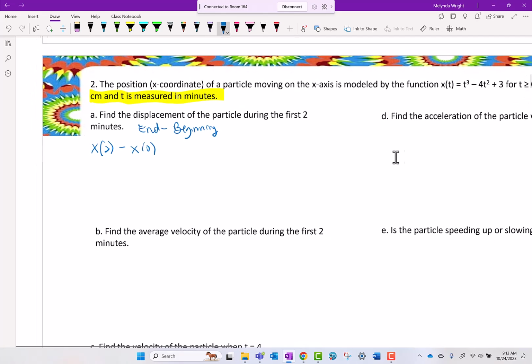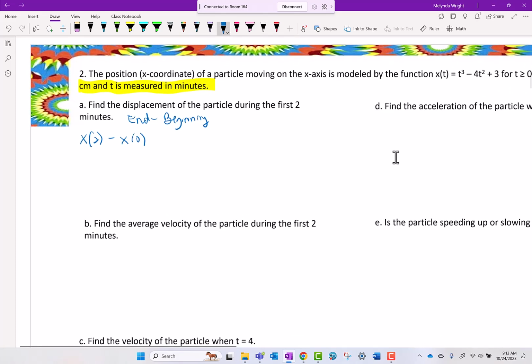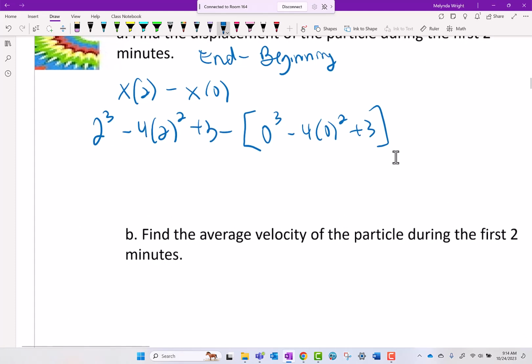So it's just like plugging in numbers and calculating. So let's see, we've got 2 cubed minus 4 times 2 squared plus 3 minus, then I've got 0 cubed minus 4 times 0 squared plus 3. So that is the arithmetic that I'm going to need to do to determine displacement.